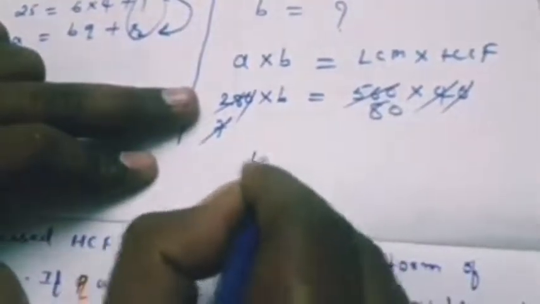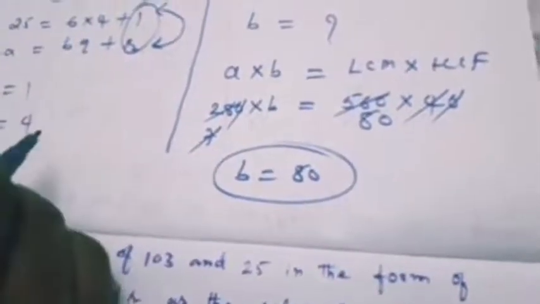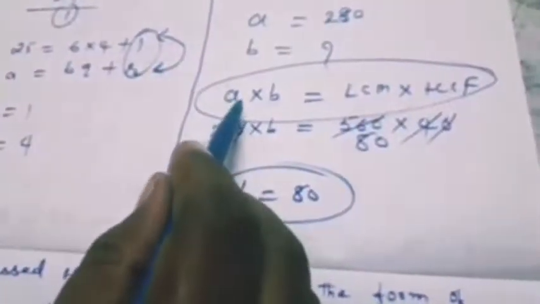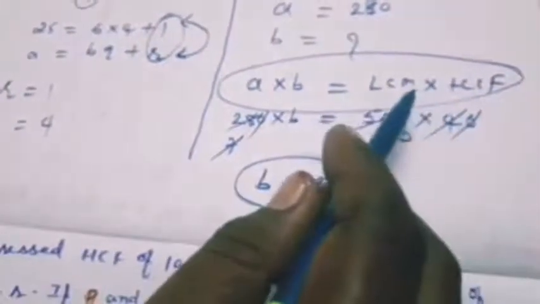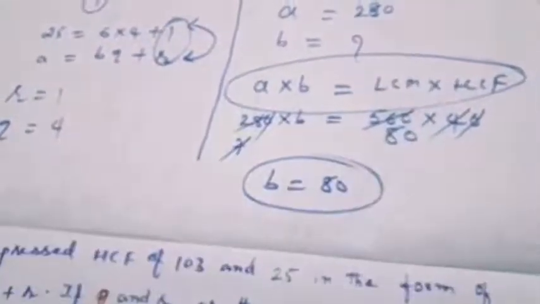That implies B equals 80. So what is the second number? The second number is 80. Understood. What is the formula? The formula is that the product of two numbers equals the product of their LCM and HCF. Okay, this is the formula.